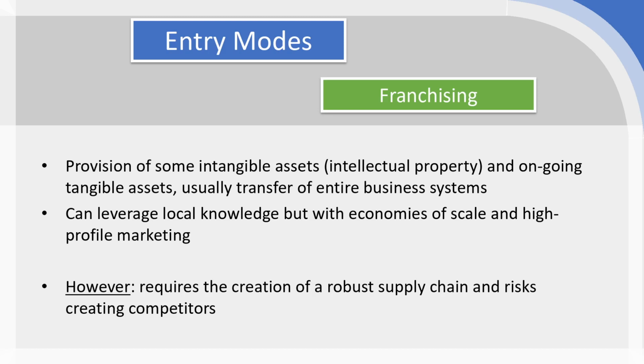They've licensed both the intellectual property involved, so the trademarks and the patents, and the copyrights as well, but also the entire business system, so the system of cooking in McDonald's kitchens, the supply chains, the ingredients, the seating arrangements, everything is transferred over. So that's what we would call a franchise.